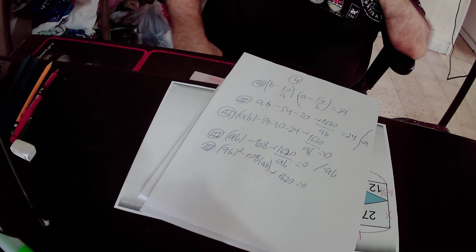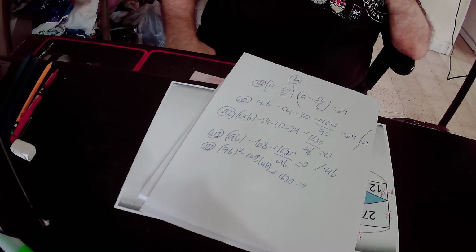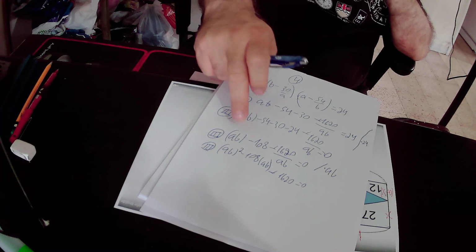So we got a quadratic equation, and the variable in this quadratic equation is AB.